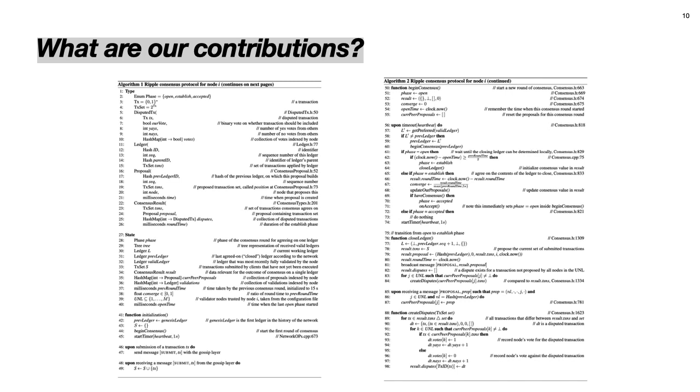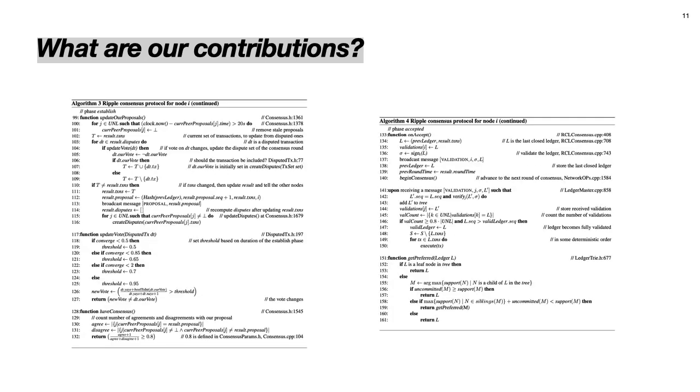So the main contribution of our work is that we went into the source code and, step by step, did reverse engineering and created a pseudocode which is 4 pages long. It contains a high-level overview of how the protocol works, and the most important parameters to understand how it actually works.